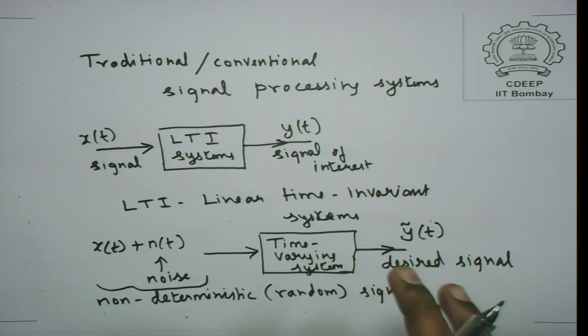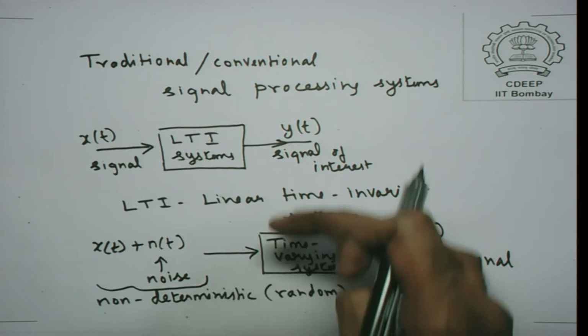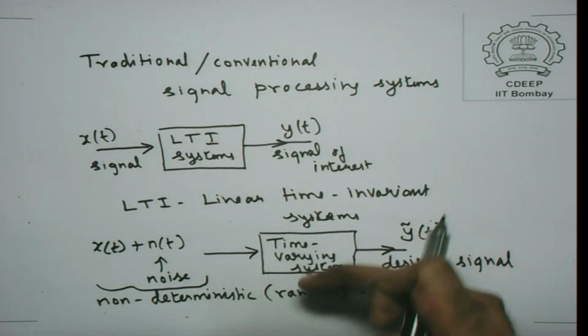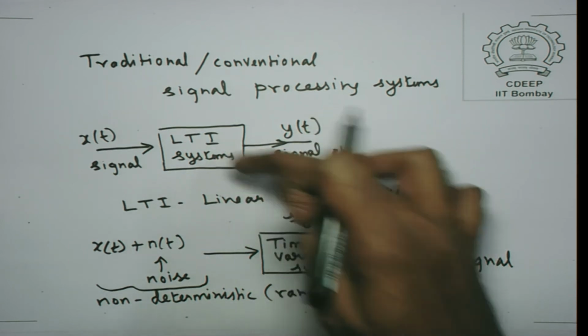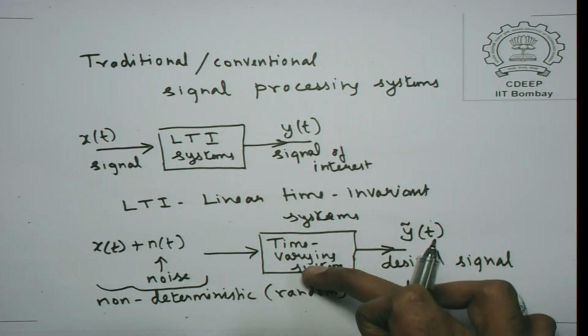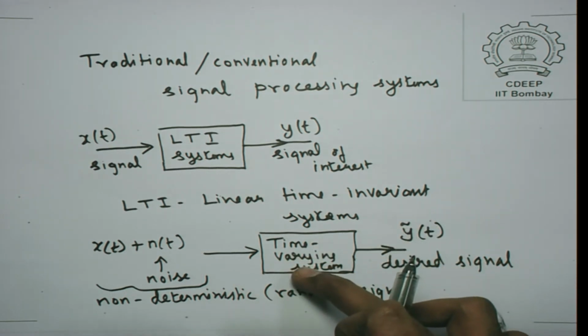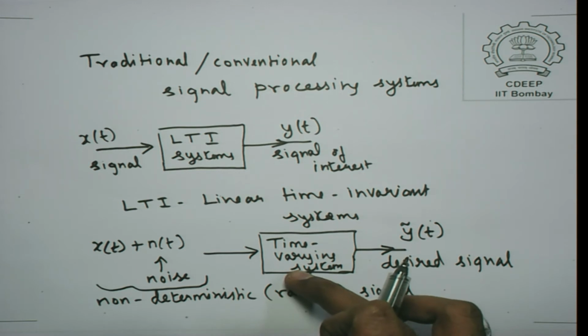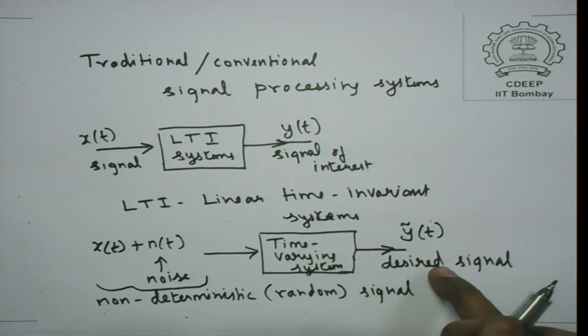So essentially this is the transition from deterministic signals to non-deterministic signals, and time invariant systems to time varying systems. At times these can be linear time varying systems, or even non-linear time varying systems, and our objective is to see how to handle and analyze such systems so that we can achieve the desired output in a real world application.